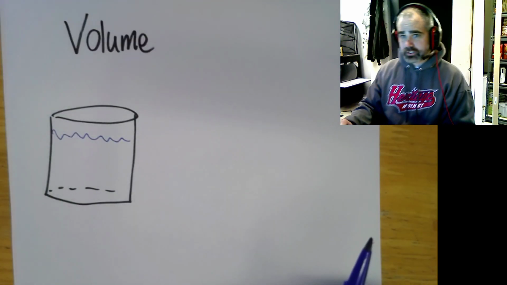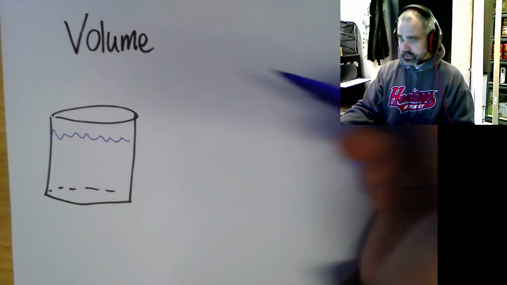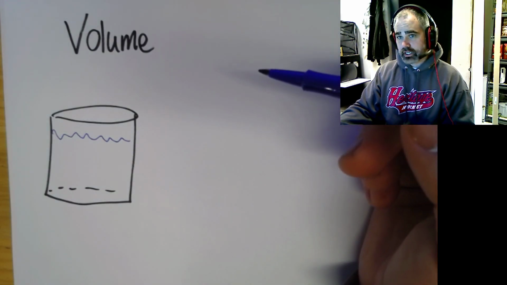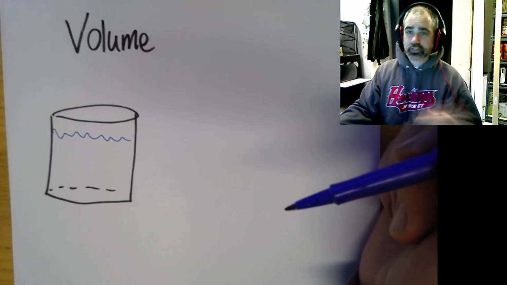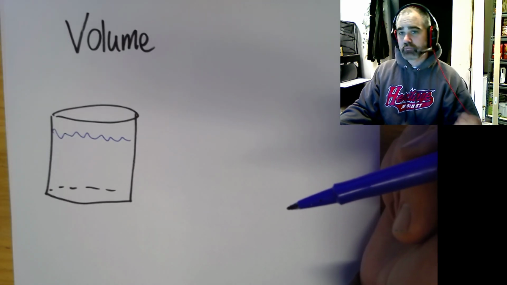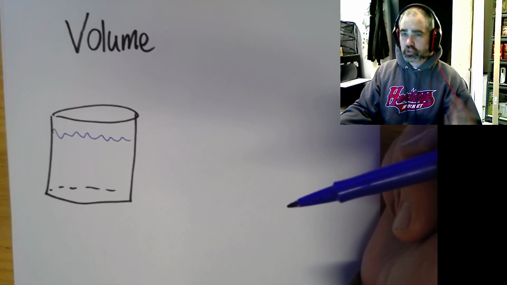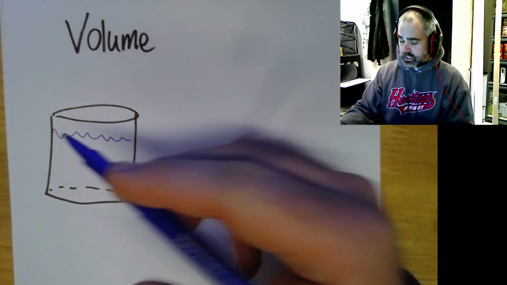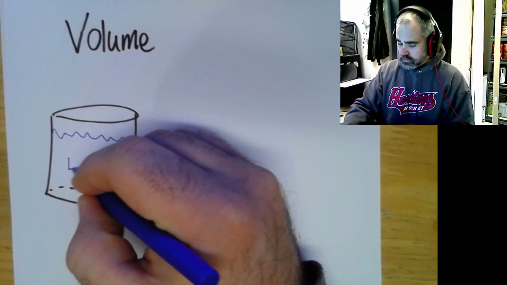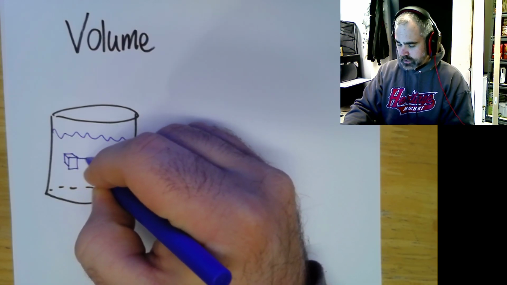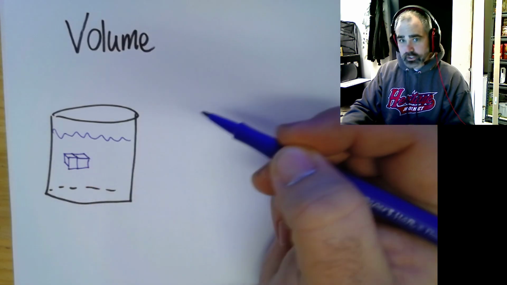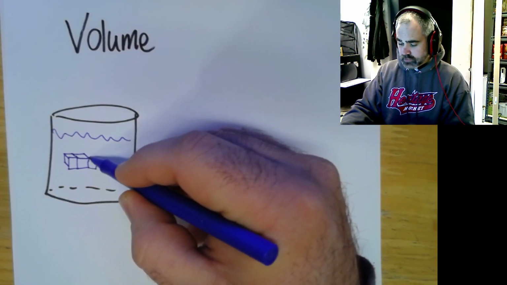Volume is always expressed in cubic units. So, for example, liters, and gallons, it sounds like they're all volume measurements, but they're all based on cubic units. So it's essentially how many little cubes of water can I fit in this cylinder, for example.